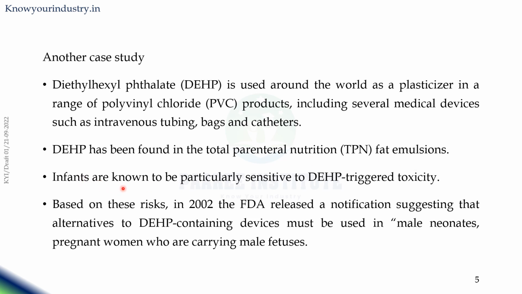DEHP was found to be very sensitive to DEHP-triggered toxicity. Based on these risks, in 2002 the FDA released a notification suggesting that alternatives to DEHP-containing devices must be used in male neonates and pregnant women who are carrying male fetuses. This is one of the classical cases of leachables like DEHP present in total parenteral nutrition products.